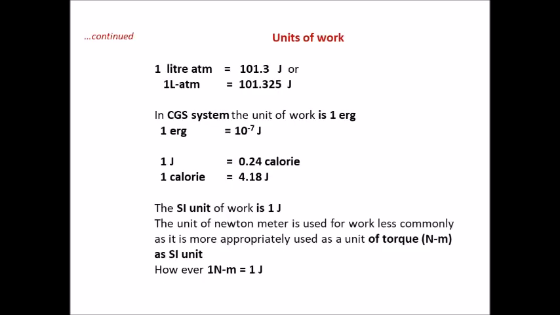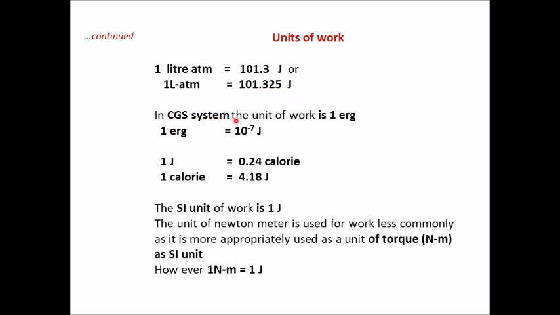Now, if you see the different systems which we have studied, then we come to 1 liter atmosphere is equal to 101.3 joules. That is the interconversion of the units in the different systems. Or we represent it as 1 L atm is equal to 101.325 joules.